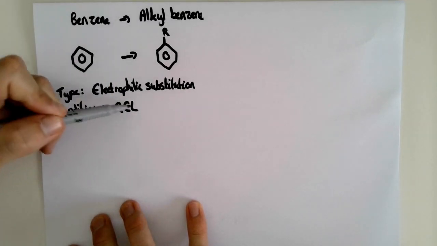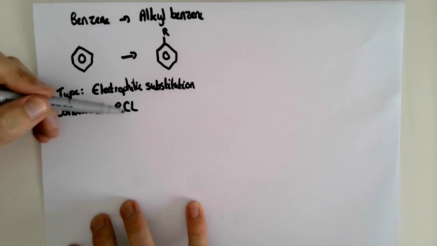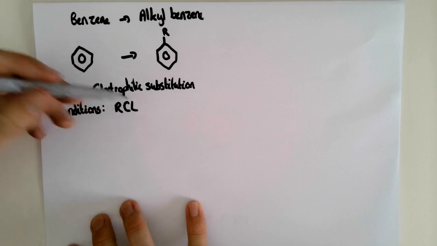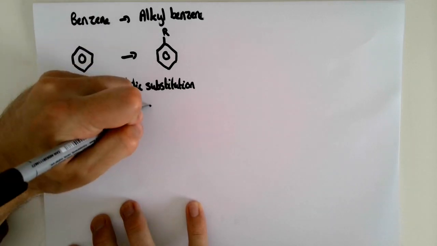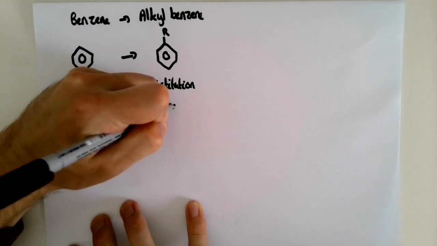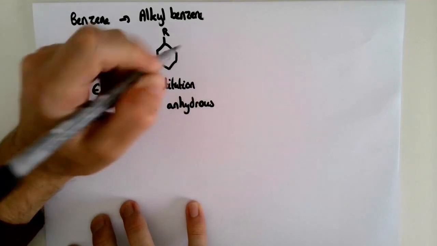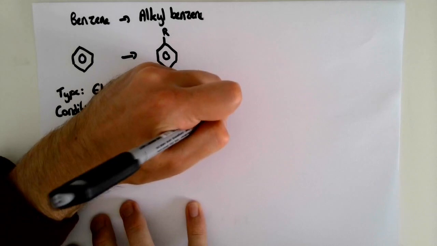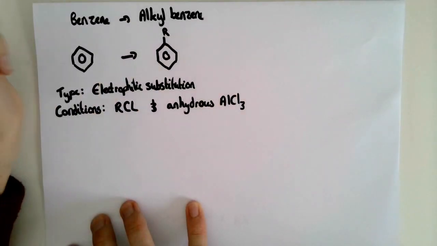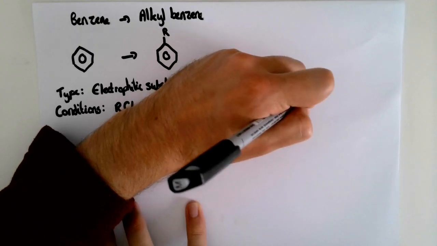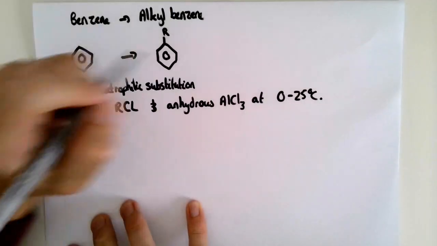So it could be chloroethane, it could be chloropropane, some sort of halogenoalkane that looks like that. And same catalysts as for the last reaction, so anhydrous AlCl3, and a temperature, this time slightly lower again, 0 to 25 degrees Celsius.